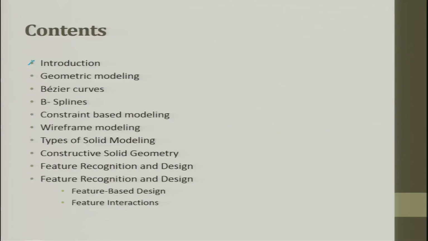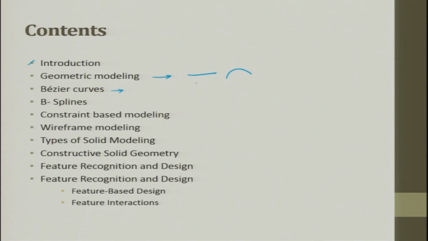So, in this lecture we will see some introduction, followed by which we will see geometric modeling. If I know how to draw a line and if I know how to draw a curve digitally, then that solves all the matter. If whatever complex objects I have, I could discretize into lines and curves, then I am in business. So, geometric modeling could be done, followed by Bezier curves.